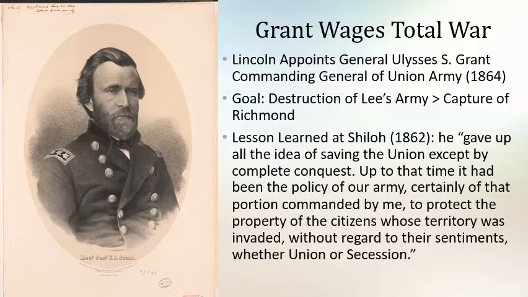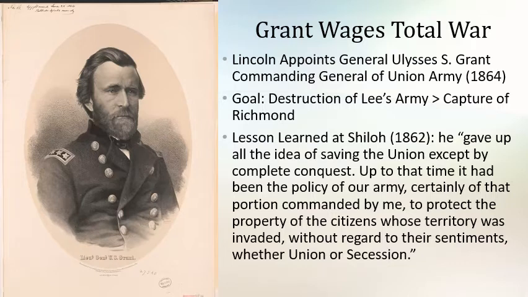Now, even before he came to lead the Union Army in 1864, as far back as the Battle of Shiloh in 1862, which was, again, a sort of pivotal battle in the sense that it was a major loss for the Union Army. But nonetheless, as far back as this battle, as Grant explained in his memoirs, which were published in the 1880s, quote, he "gave up all the idea of saving the Union except by complete conquest.